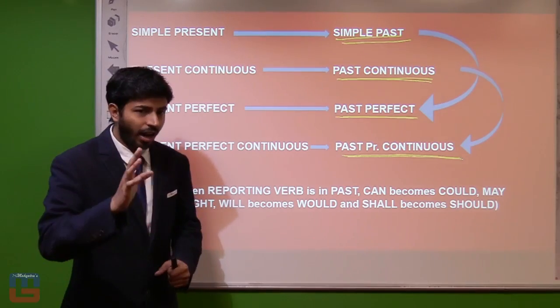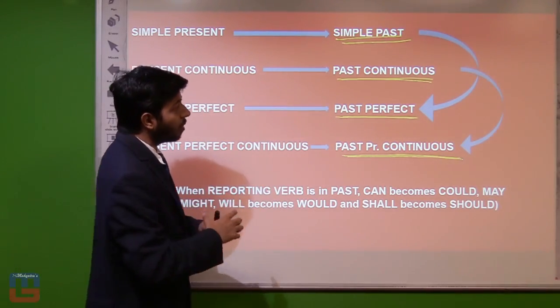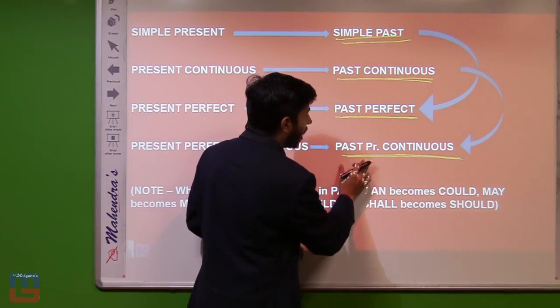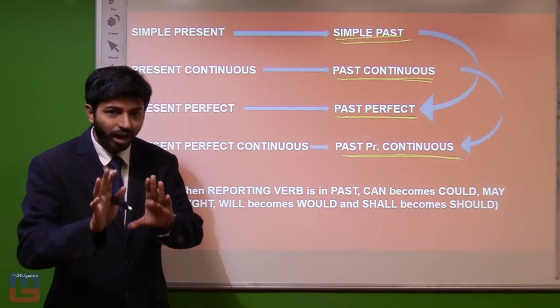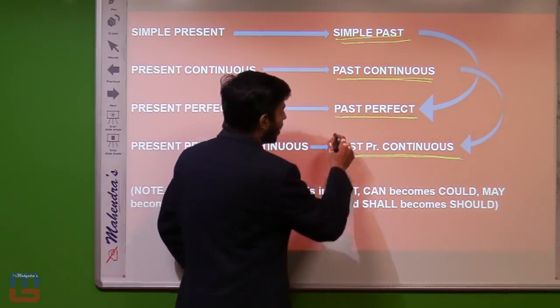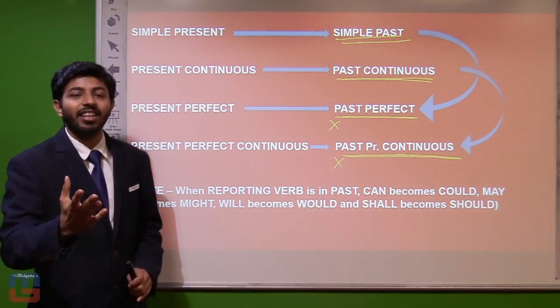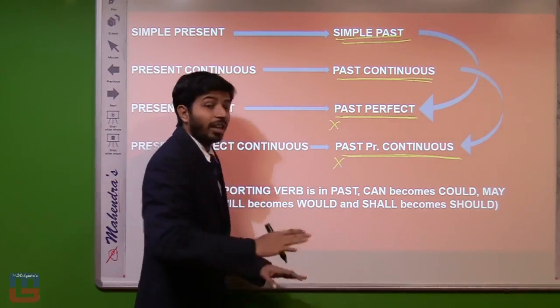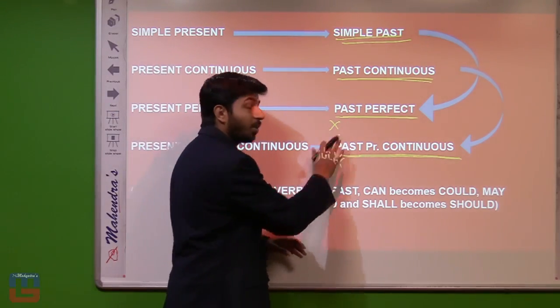But a question arises by watching this slide. Sir, what about past perfect and past perfect continuous? Are you seeing any indication or arrow? No. It means no change will occur. When the sentence in direct speech is given in past perfect, no change will occur.